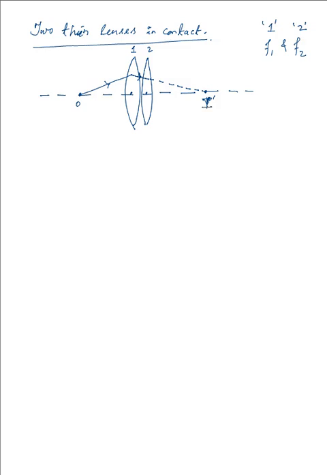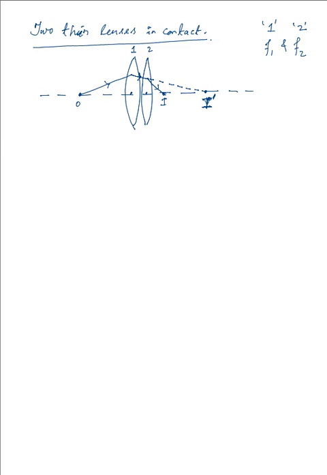V is for the image distance, so I will be taking I dash as the point where the image would have formed for the first lens. Now, because there is the second lens, it bends the light ray further, and it bends it somewhere over here, and let that point be I, that is the final image formation point.